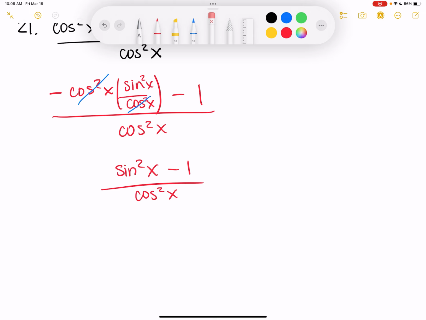Technically, this negative sign is really out front. Wait, where did that negative sign come from? Is that the negative sign from when you cancel the cosines? So then we multiply, because I've got this.